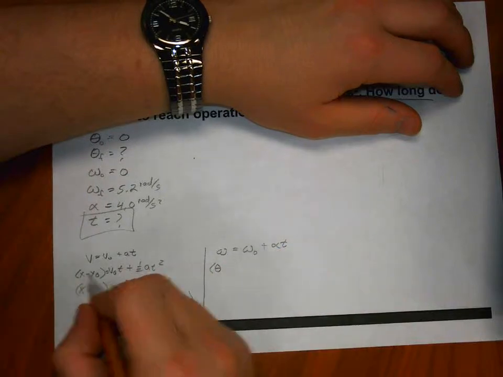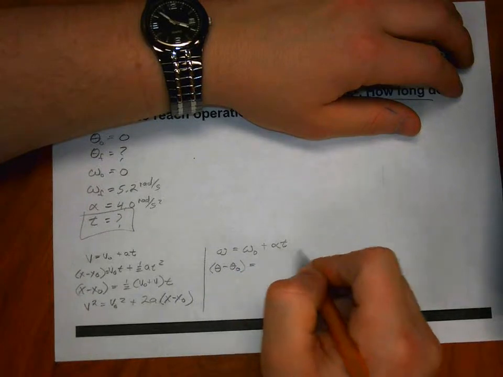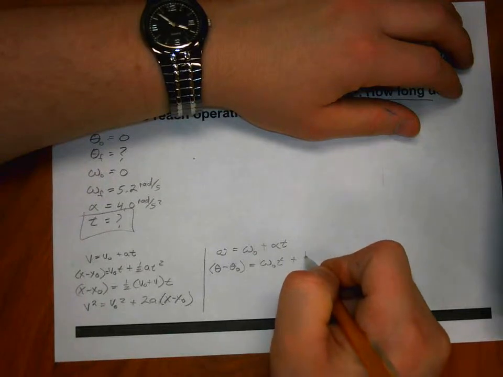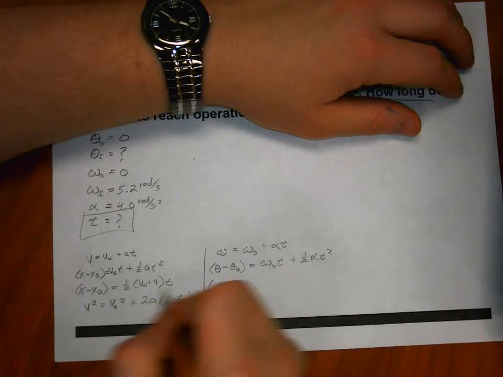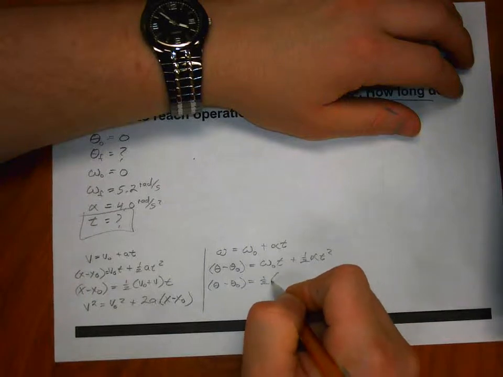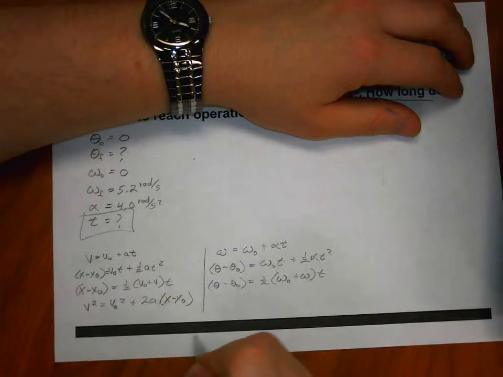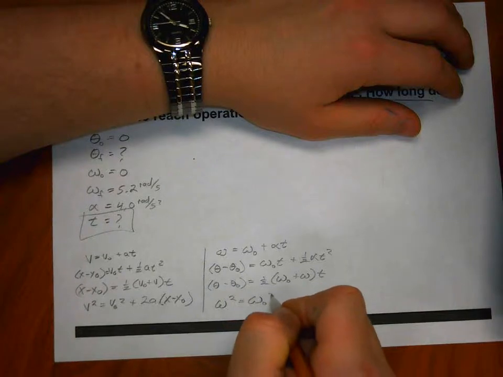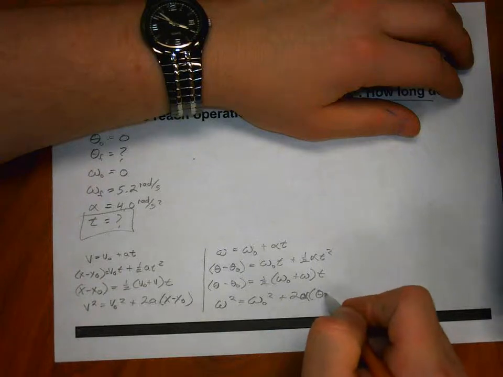The analog of position is the angle: theta minus theta original equals omega naught times t plus 1/2 alpha t squared. And again, theta minus theta naught equals 1/2 (omega naught plus omega) times t. And finally, omega squared equals omega naught squared plus 2 alpha (theta minus theta 0).